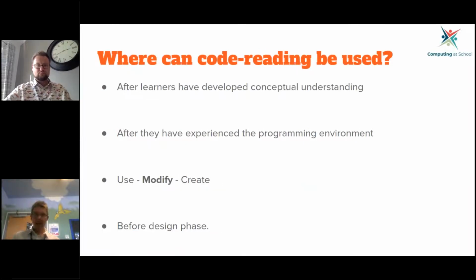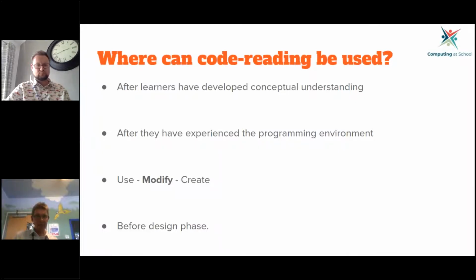The final thing I think it's worth looking at before we crack into some of these activities is where in the unit of work you would place these. If they're put in the wrong position in a unit of work, they could have a high cognitive load.